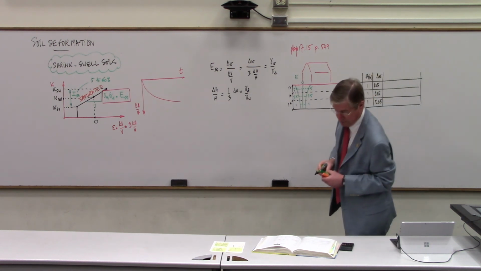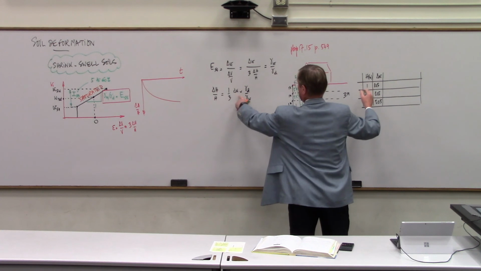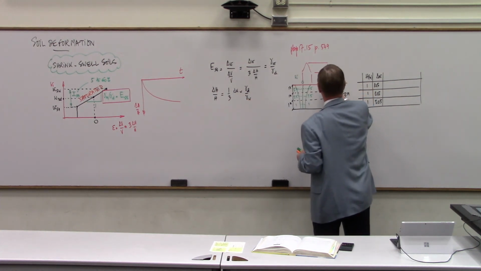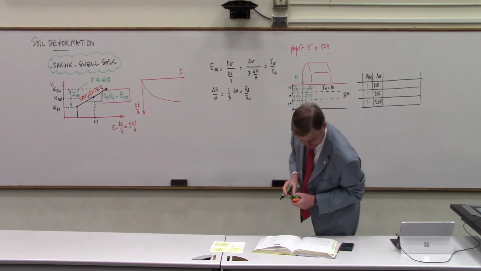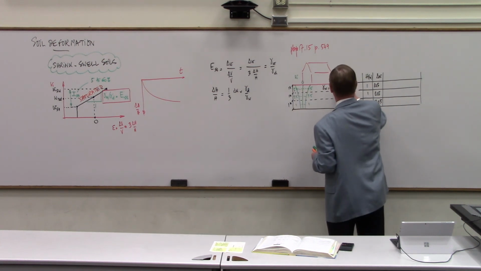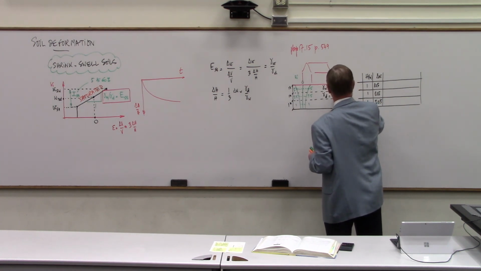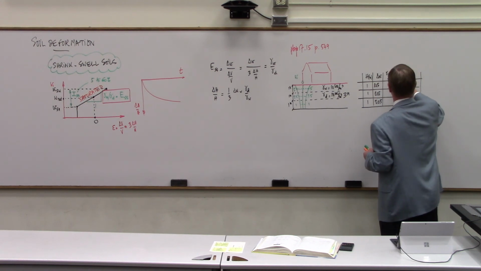Change in water content. So from this we know delta W. We're going to take gamma W equals 10. And let's see what I took for gamma D. Gamma D 14 kilonewton per cubic meter. So gamma W over gamma D is going to be 10 over 14, 10 over 14, 10 over 14.